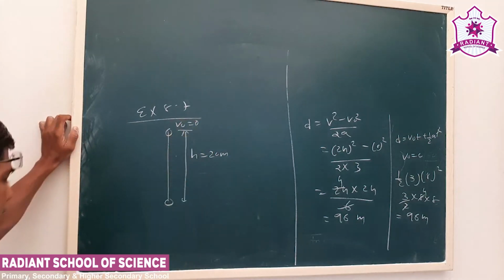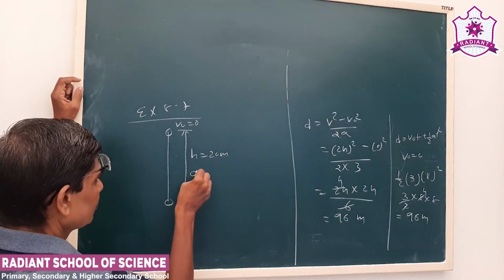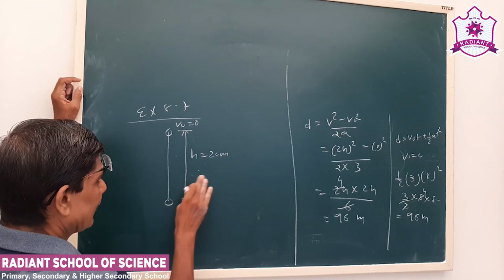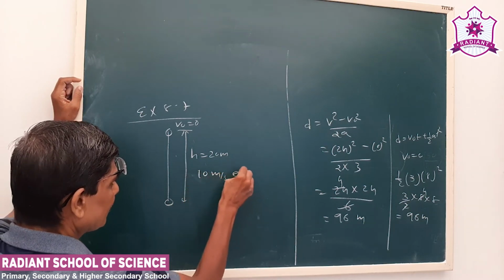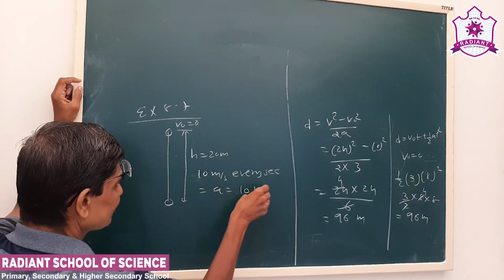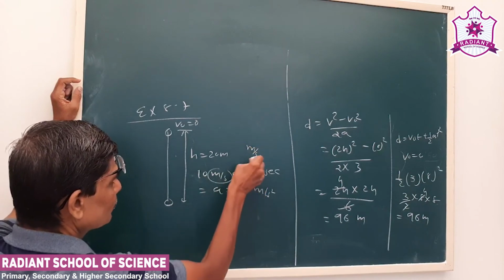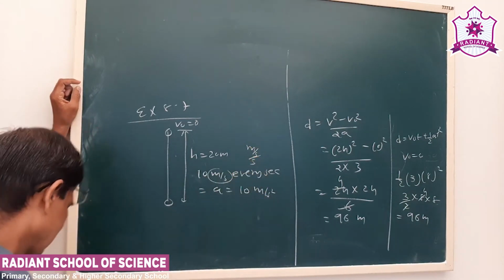Drop means initial velocity is 0. The acceleration is the uniform rate of velocity increase of 10 meter per second every second. That is nothing but acceleration. Why? What is the unit of velocity? Meter per second. Time also in seconds. So 10 meter per second square.